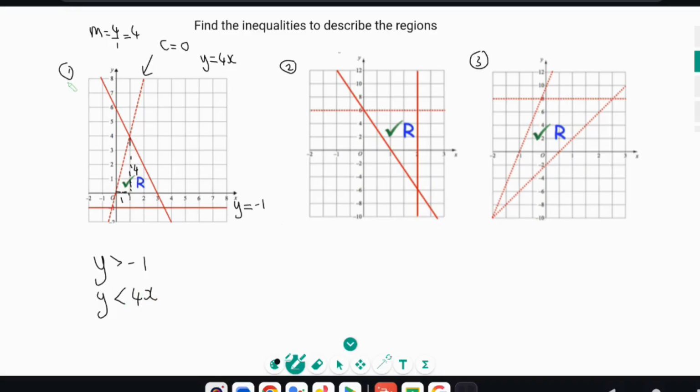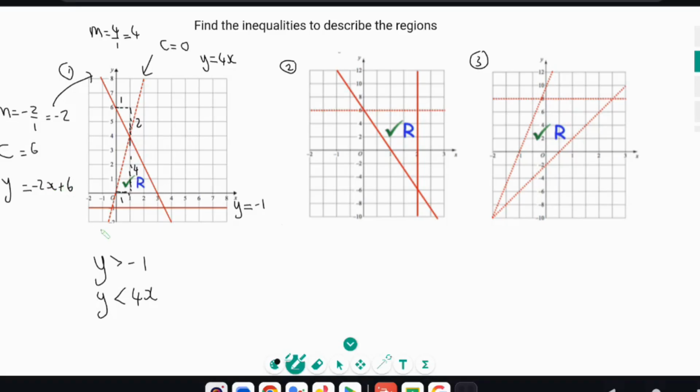And this line here, the negative gradient. Height of 2, base of 1. Y-intercept is 6, so the equation is y equals negative 2x plus 6.